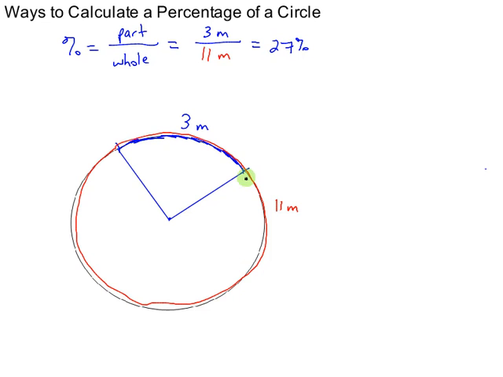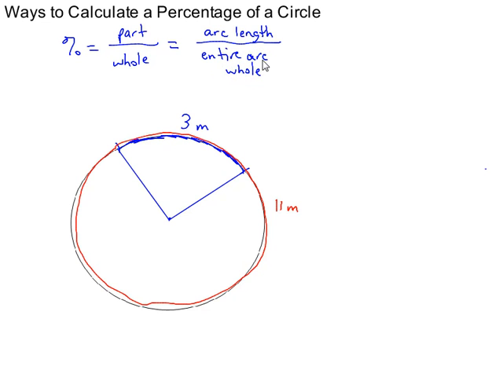So in general, if you want to use distances to calculate a percentage of the circle, then your part might be the partial arc length, and your whole would be the entire arc length, meaning of the whole circle.